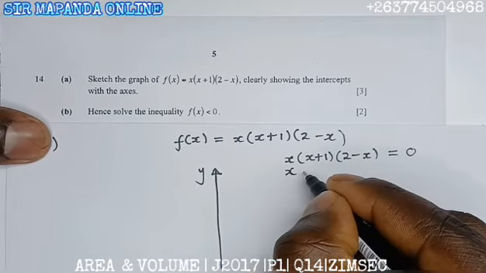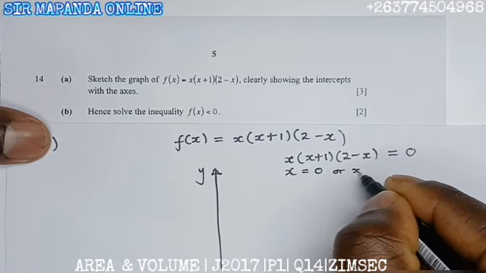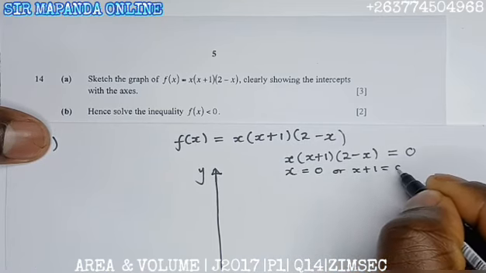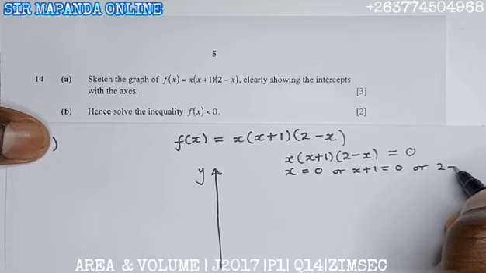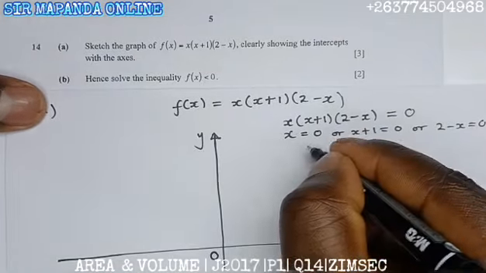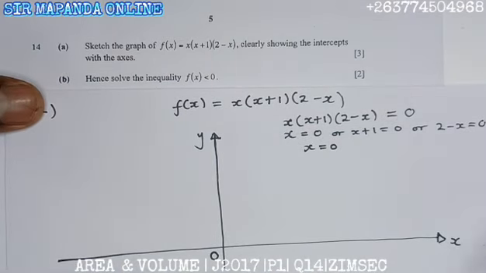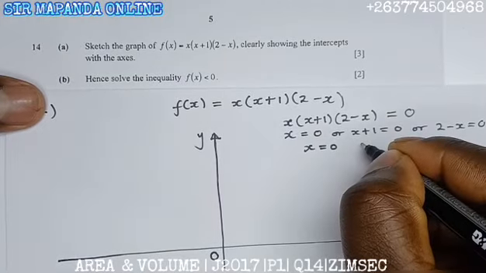So you have x equals 0, or x + 1 equals 0, or 2 − x equals 0. So it means x equals 0 is your first intercept for the x-axis.